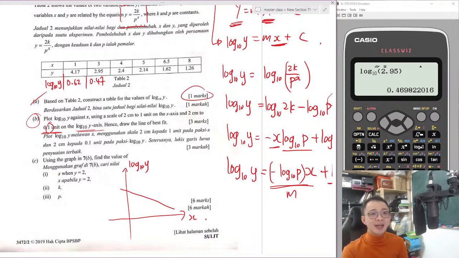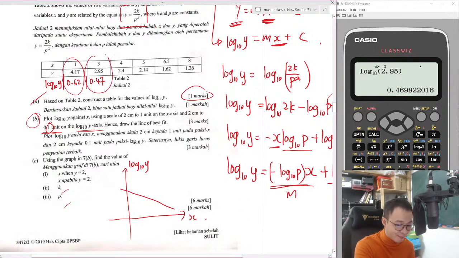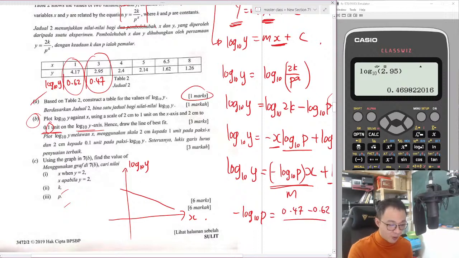So what we want to do next is the question asks you to find K and P. P is very easy. We know P is related to the gradient, right? Then you just take 2 points from the table. Let's say in this case I take the first point and second point here, because this is the gradient. I will use back the gradient formula, which is y2 minus y1 over x2 minus x1.